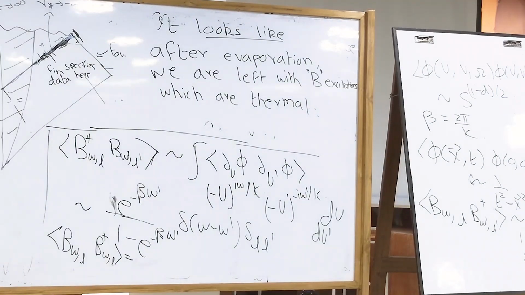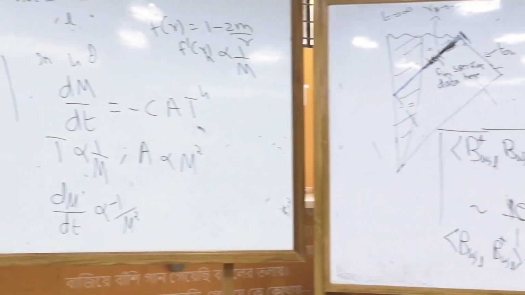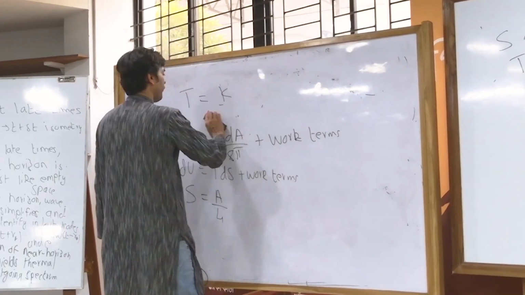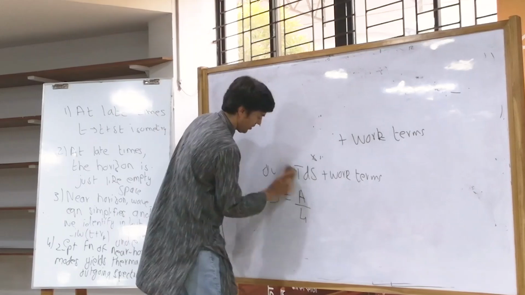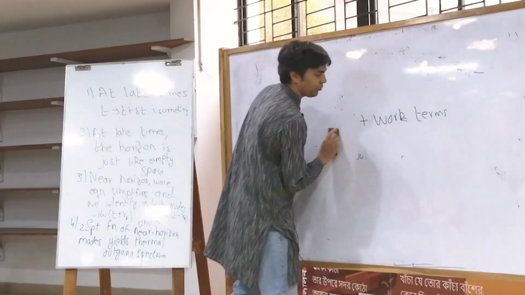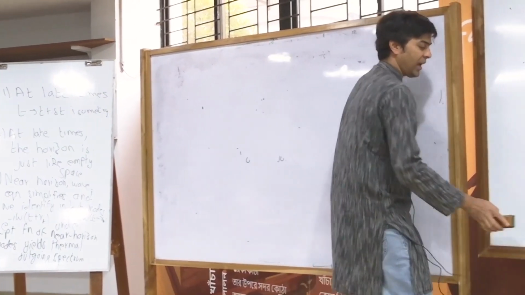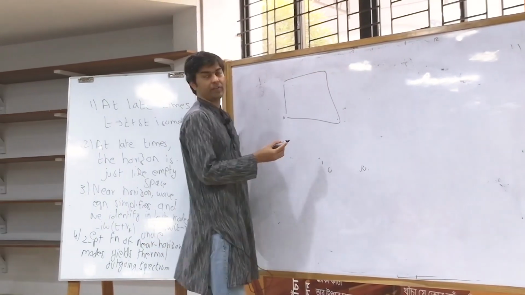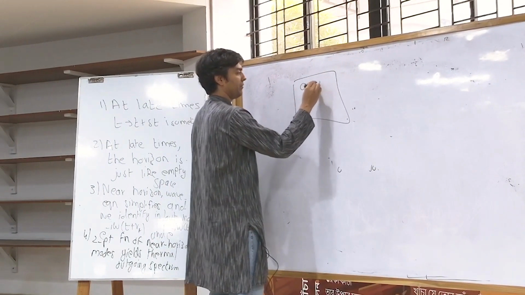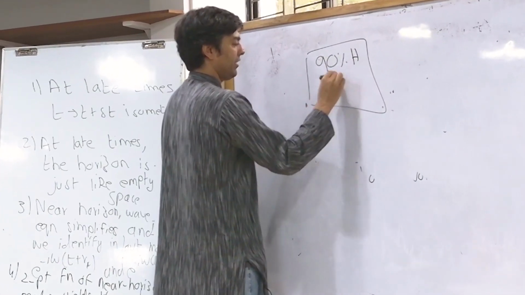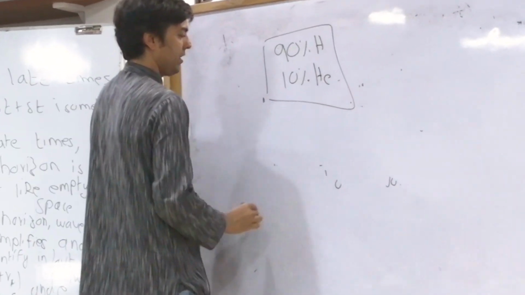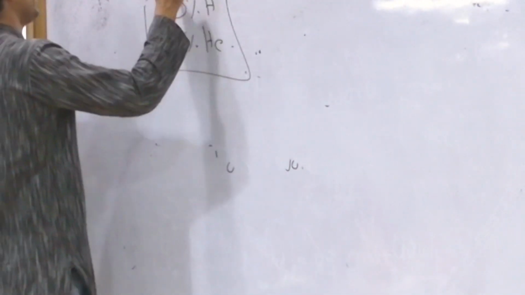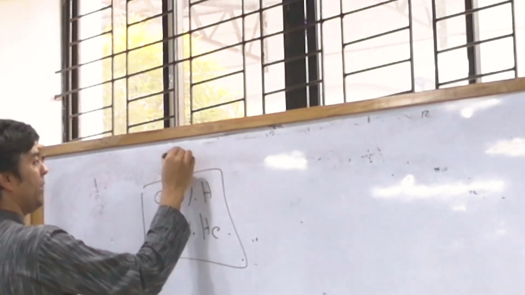Why is this a paradox? It looks like I could have started off with two different kinds of black holes. Maybe I have two objects. One had a greater percentage of hydrogen, maybe 90% hydrogen and 10% helium, and a mass of 10 to the 20 kg.